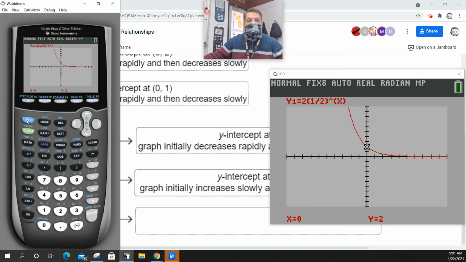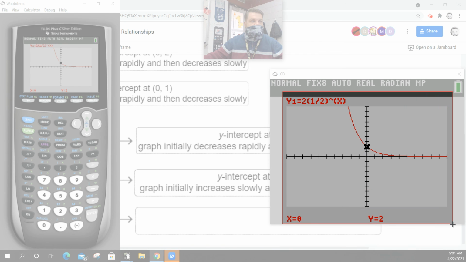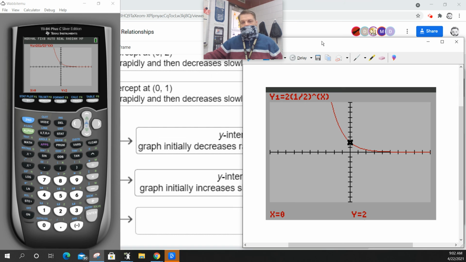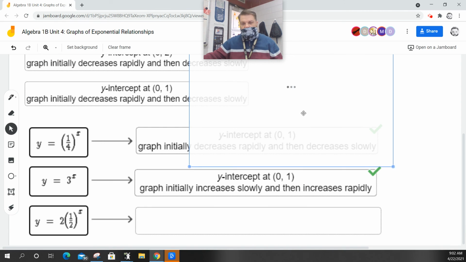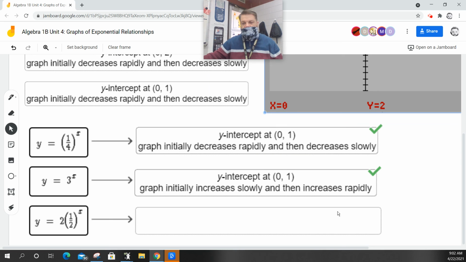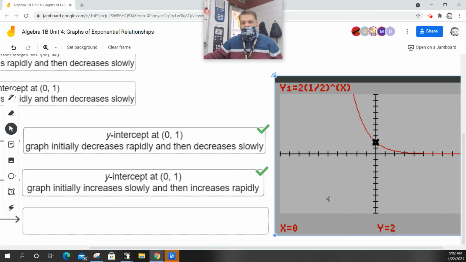So let's take a screenshot of that, and we'll paste that up here. What is the y-intercept on that bad boy? Yeah, the y-intercept is 2 on that.